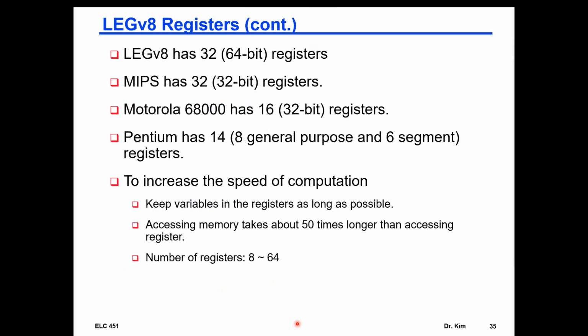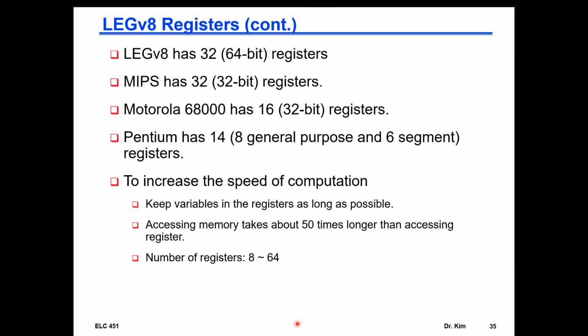So, some contrast of different processors, different ISAs. What we're looking at here, from a register perspective, we have 32 64-bit registers. MIPS, which is another popular ISA, has 32 registers, 32 bits each.